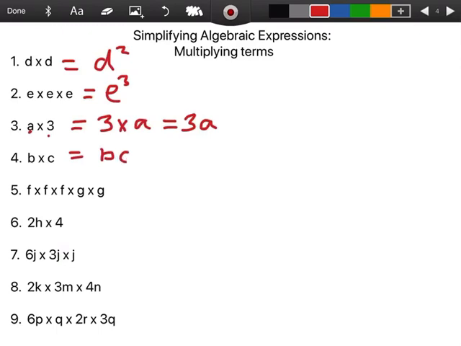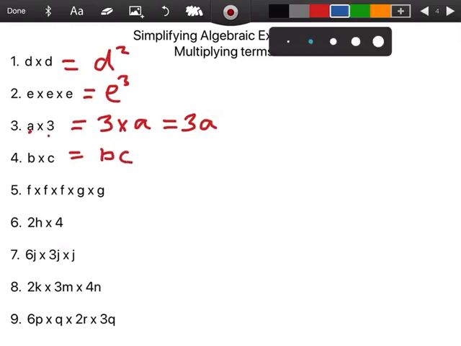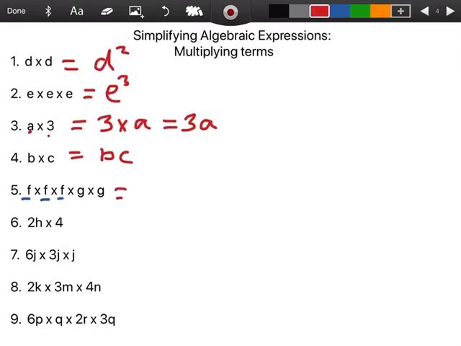Okay, now we can mix it up a little bit. So here we've got f times f times f times g times g. Well, f times f times f, if we follow the rule from the first couple of examples, is equal to f cubed. So f and a little 3 up here.